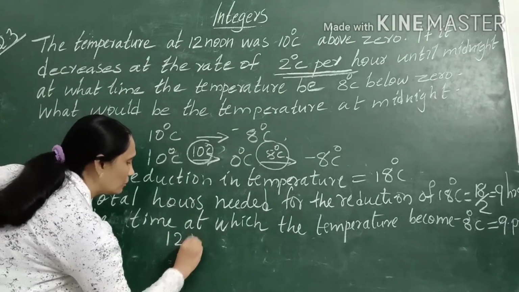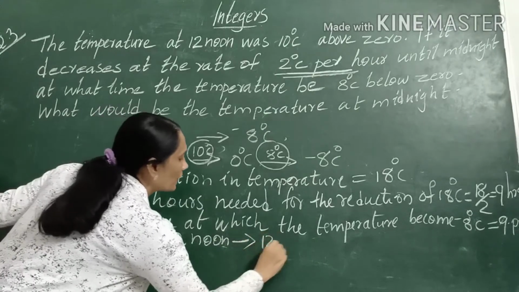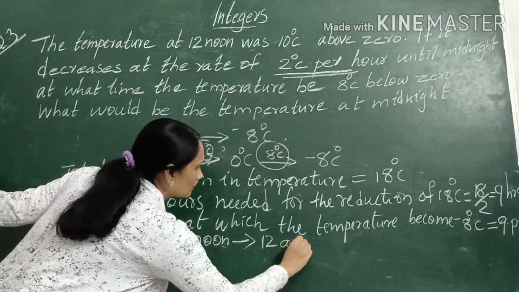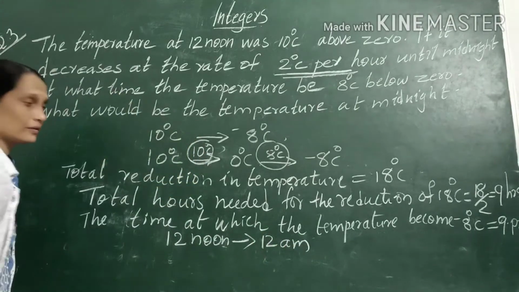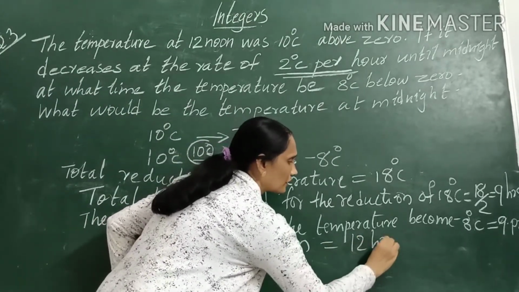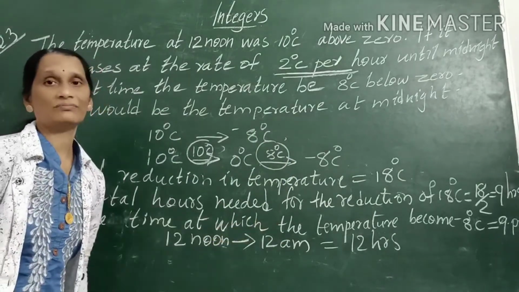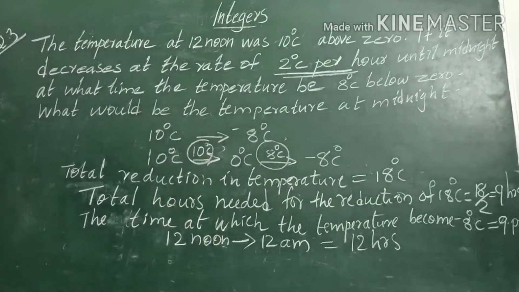The time between 12 noon and 12 AM is 12 hours.